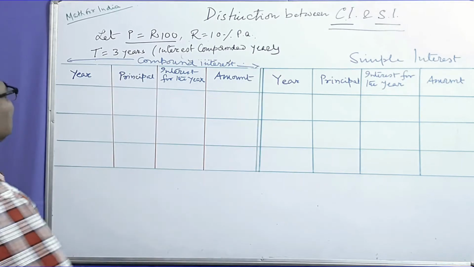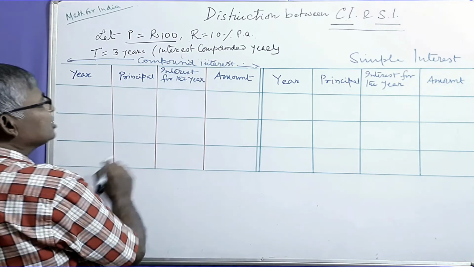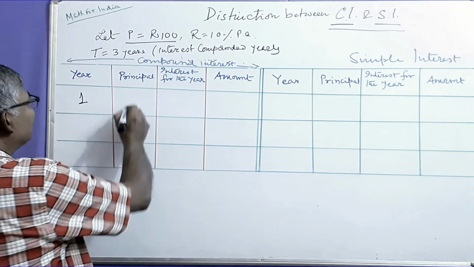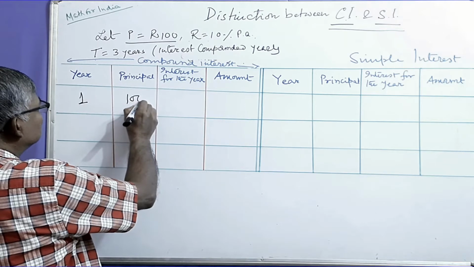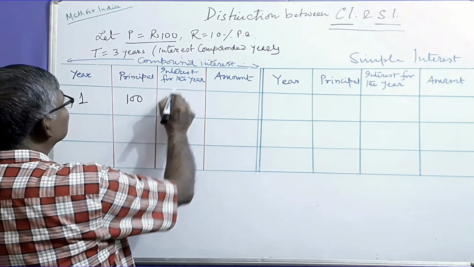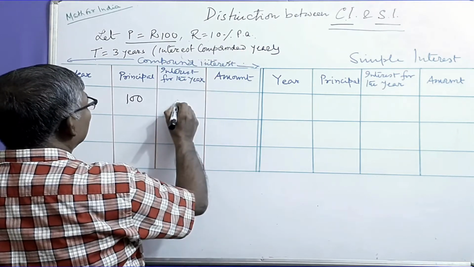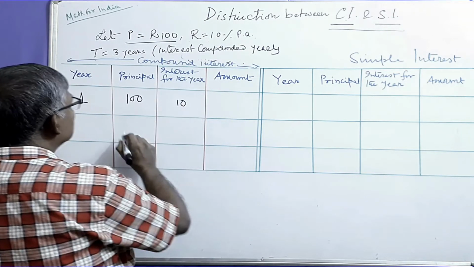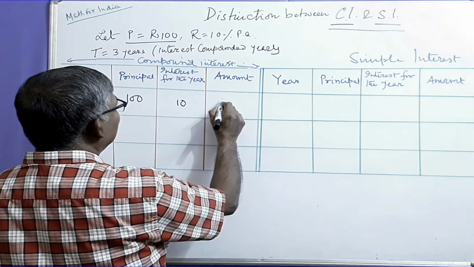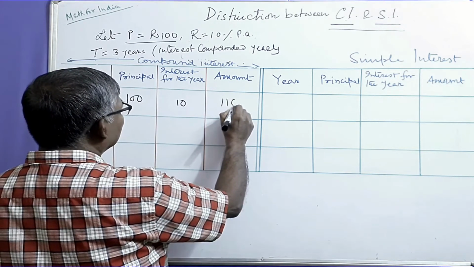Let us consider the compound interest in this table. In the first year, let the principal be 100. So, what will be the interest for the year? 10% per annum, that is rupees 10. So, the amount at the end of the first year will be 110.